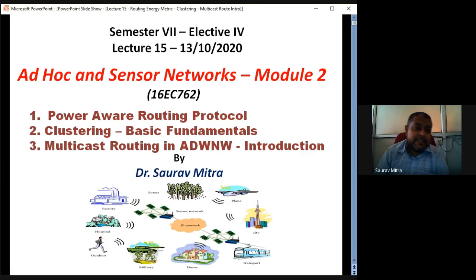So this is the main agenda. Saving the node power will keep the sensor node active for a longer period of time, and if the node is active for longer, the network will be active for longer. So this is the main reason why we want to save power at every stage, for every act of the routing protocol, or for every act of the ad hoc sensor network.